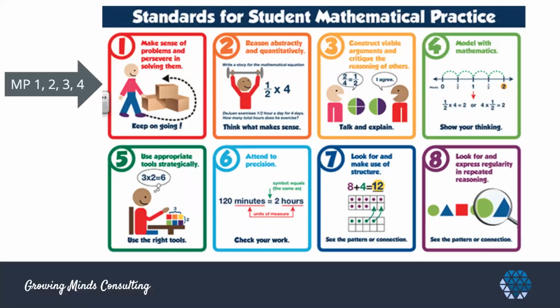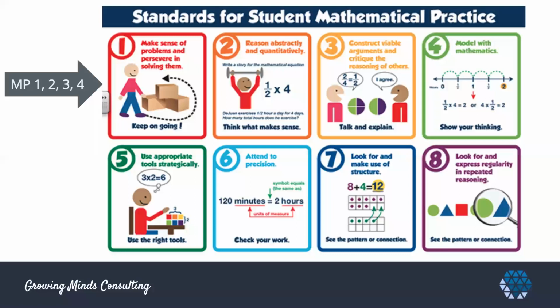These are the math practice standards with Common Core, and the 3-read strategy will address the first 4 of these. By using this strategy, students will make sense of problems and persevere in solving them. They'll keep going because they finally have a visual and they're excited to solve the problem.